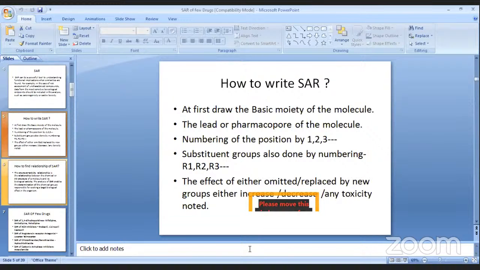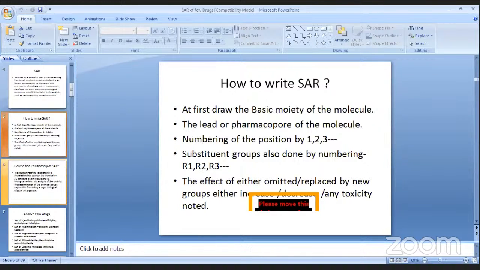That is the basic unit of a molecule, of drug molecules or any type of molecules, which is essential. Without this basic moiety, the drug becomes inactive and there is no question of going for SAR. So you have to find out the lead compound or pharmacophore of the molecule.